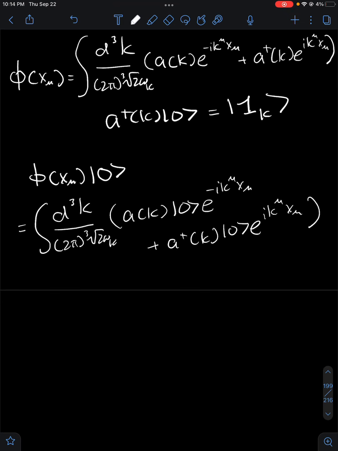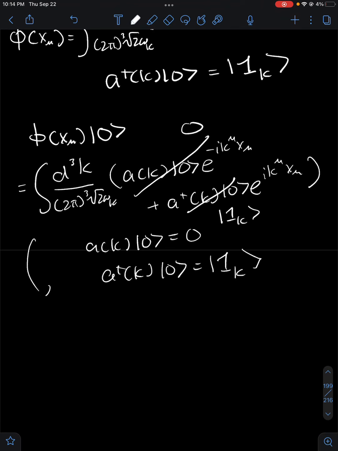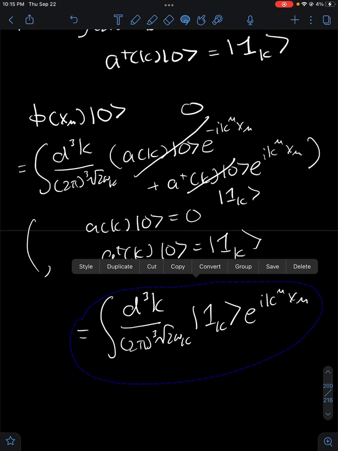We have to recall that A of K acting on the vacuum state gives us 0, and A conjugate K acting on the vacuum state gives us the first particle momentum eigenstate. So this is going to go to 0, and this is just going to be 1k. So this is just going to give us an integral over the momentum. So we get this quantity over here for the field acting on our vacuum state.